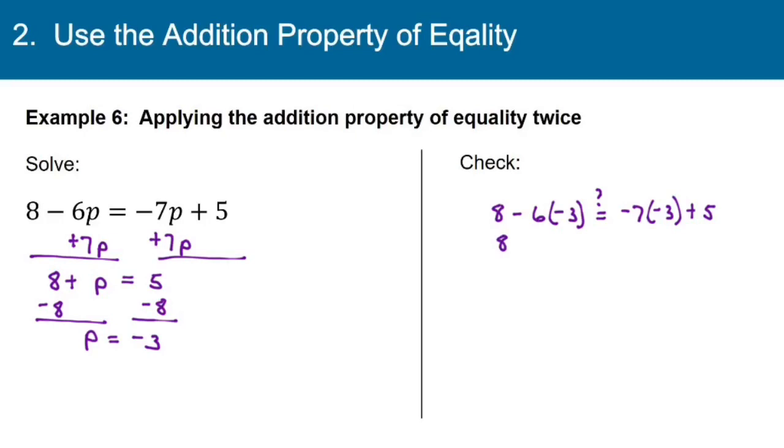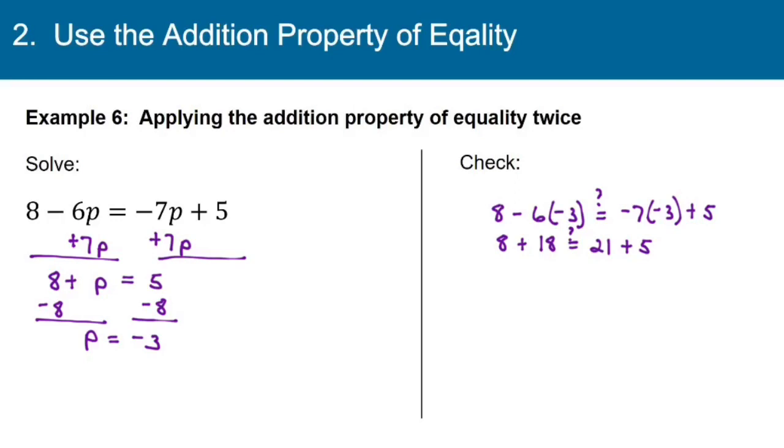So let's go ahead and do both of these multiplications. On the left side we have 8 minus 6 times negative 3. So we know that negative times negative is going to make positive, and we know that 6 times 3 is 18. Over on the right side we have negative 7 times negative 3, and that's positive 21. And then we have plus 5.